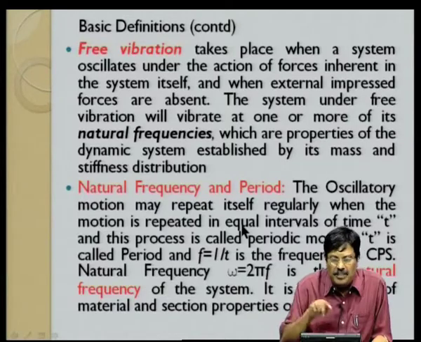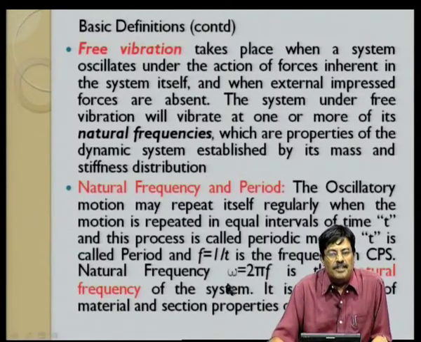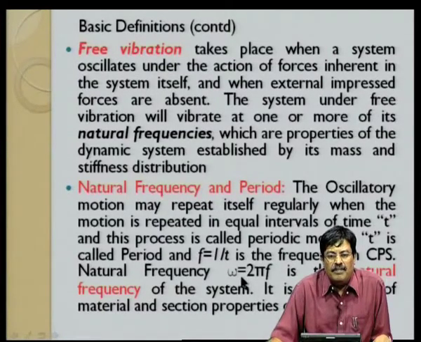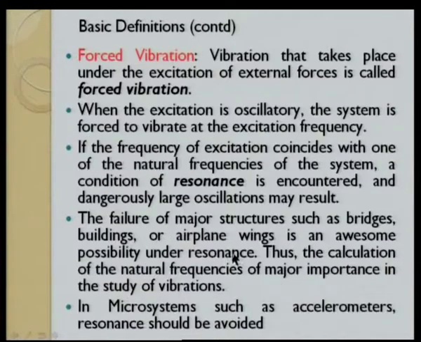This frequency can be expressed in various forms: cycles per second, radians per second, or hertz. Omega equals 2 pi f gives the relationship between the frequency in radians per second and hertz. If f is in hertz, to convert it into radians per second, you multiply by 2 pi.